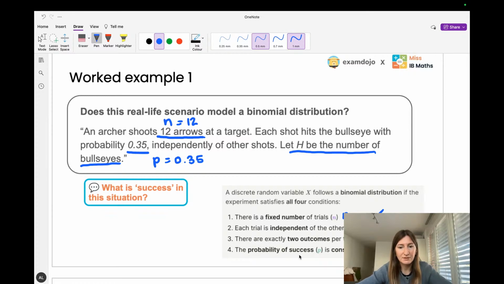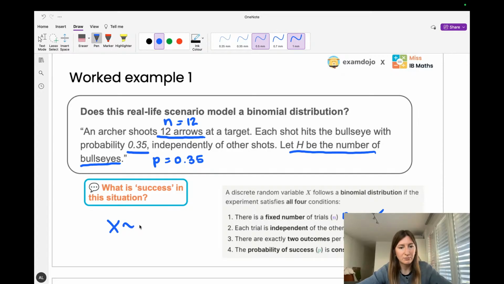All right, then the probability of success is constant for every trial. Yes, p equals 0.35. Each time, that is our probability, so it's not changing. All right, so yes, we can say it does model a binomial distribution. And let's write it out. Usually you should end with saying this.